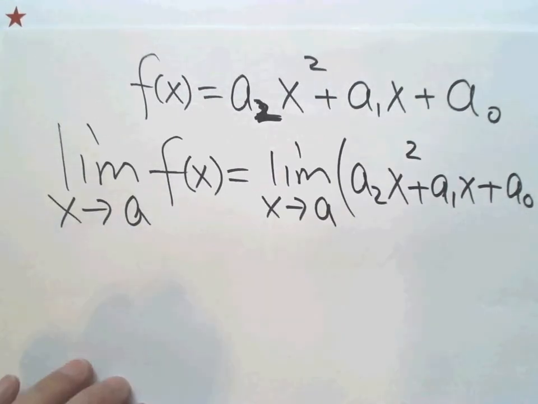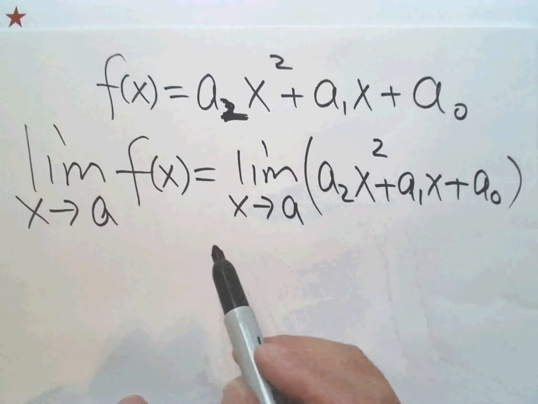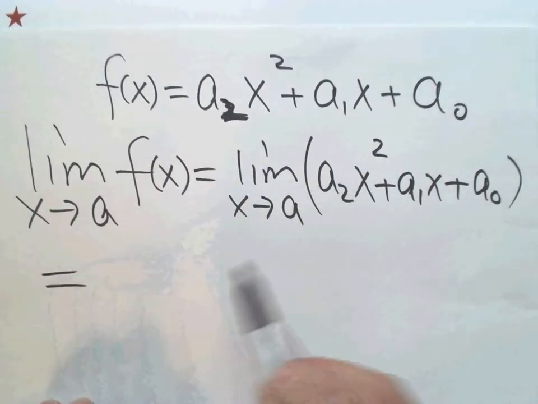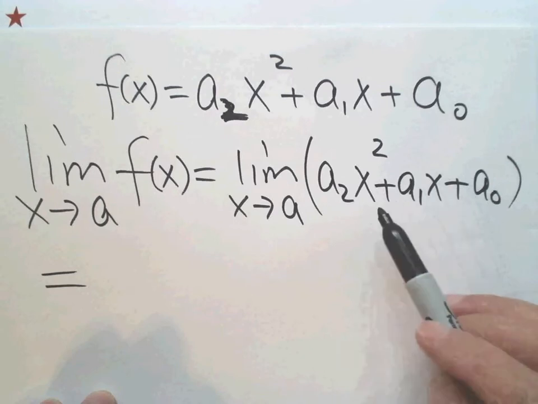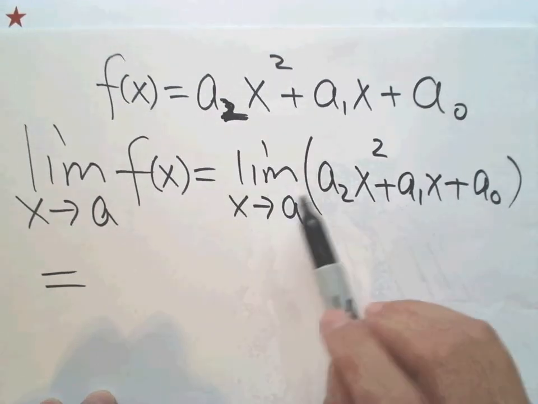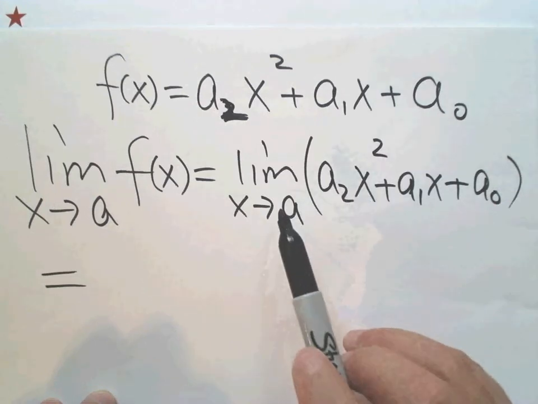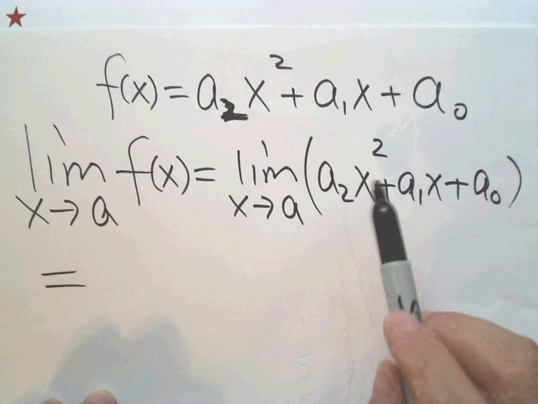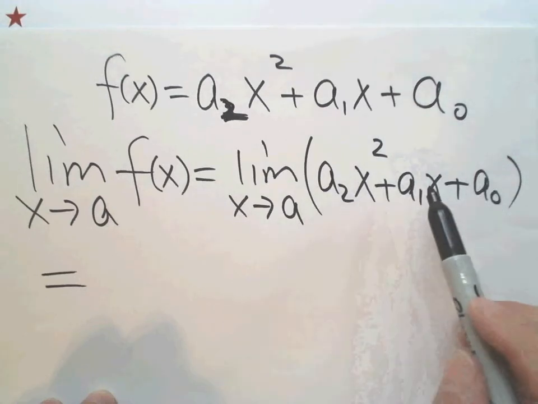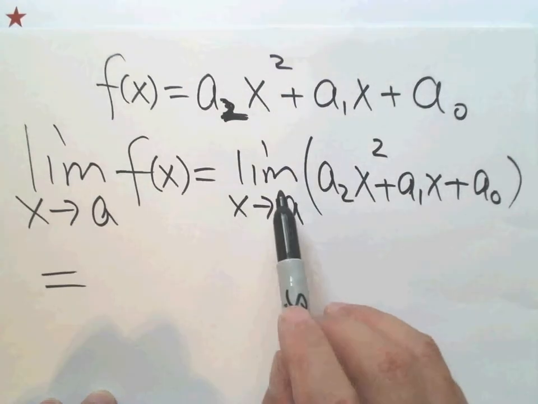Can we see what kind of law we can use to find the limit? I'll show you this step. This is a linear combination, right? Do you remember we have a linear property? The limit of the linear combination is the linear combination of the limits.